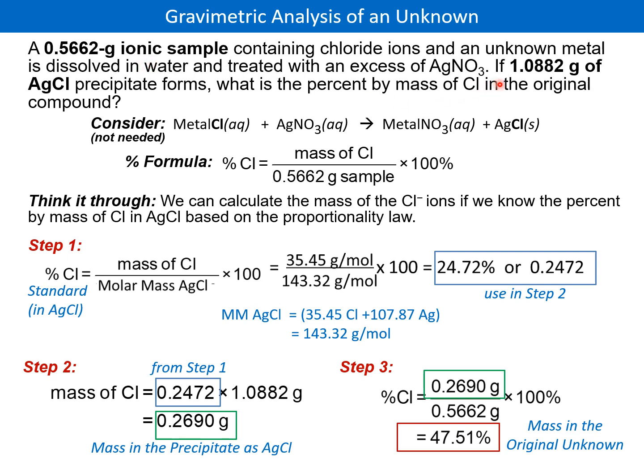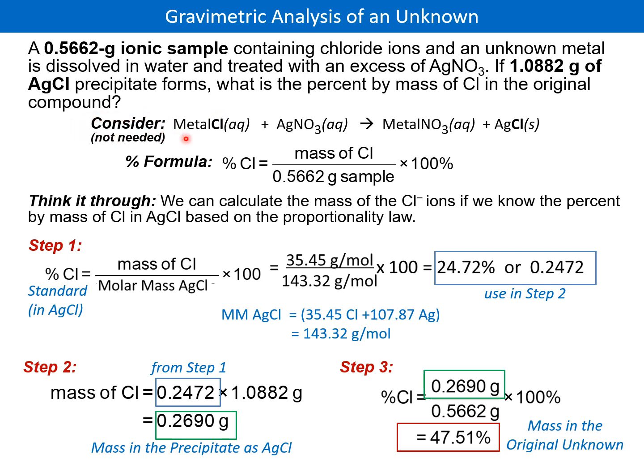If 1.0882 grams of the silver chloride precipitate is formed, what is the percent by mass of chlorine in the original compound? In other words, when the silver nitrate was added to the ionic sample containing chloride, silver chloride formed as the solid product.